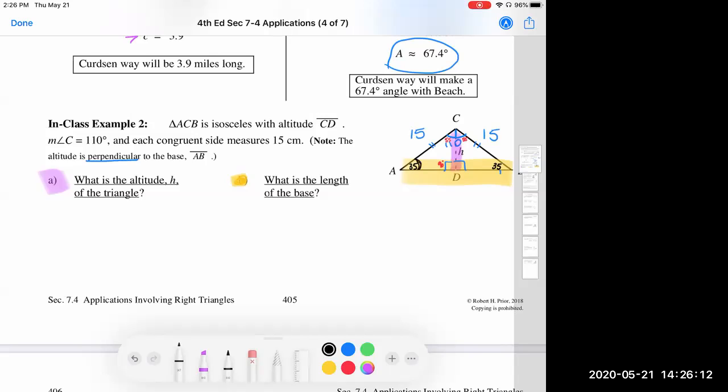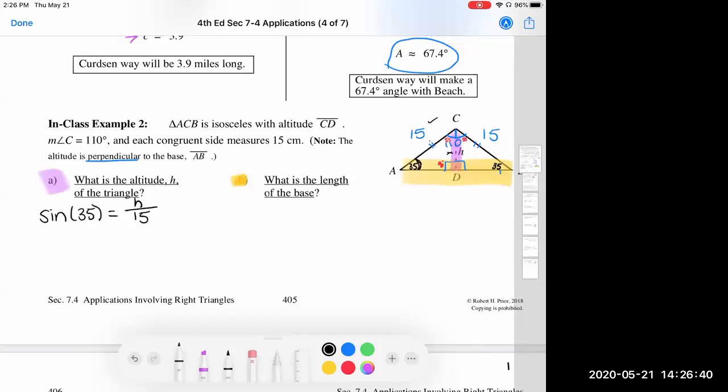I want to find H because that's my unknown, and I want to work with this 15. That would force me to work with opposite and hypotenuse. What trig function works with opposite and hypotenuse? That would be sine, right? So we can say sine of 35 is equal to H over 15.